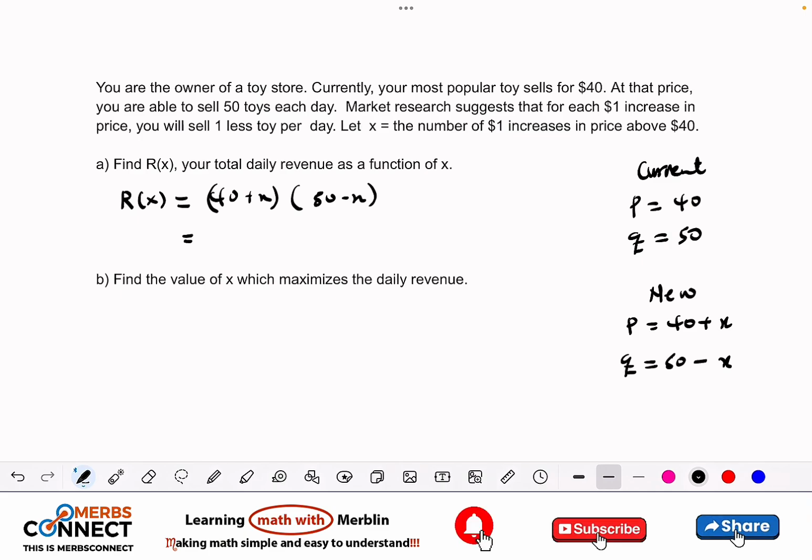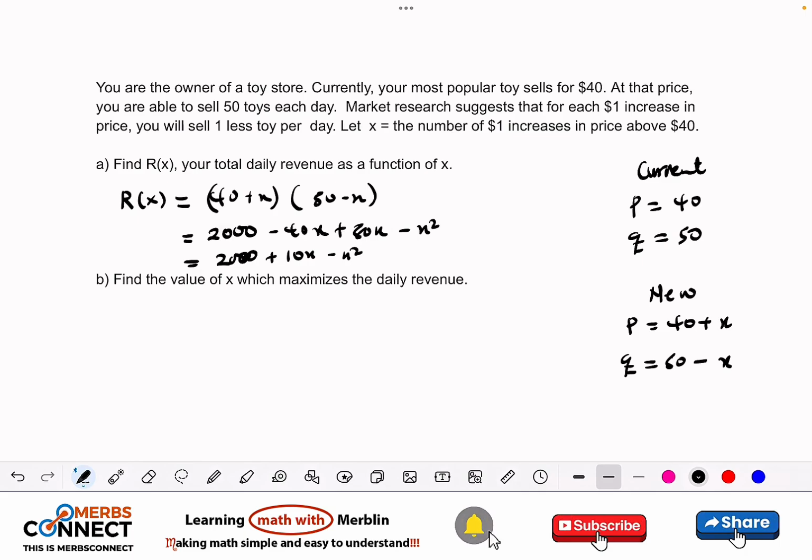We are going to have 40 times 50, which will be equal to 2000, because 4 times 50 is 200. Then minus 40x plus 50x minus x squared. So simplify this and we have 2000 plus 10x minus x squared.